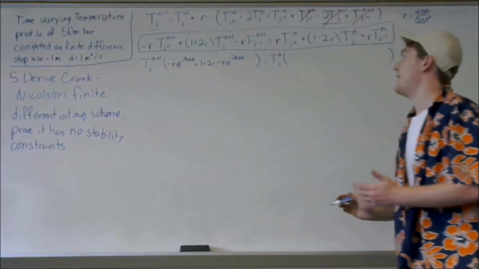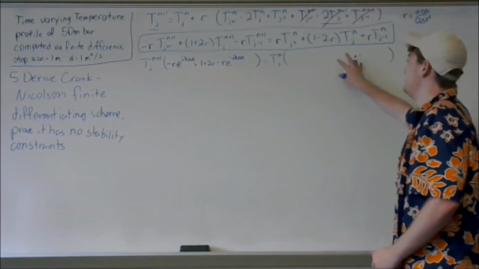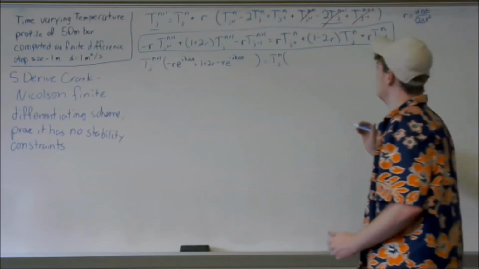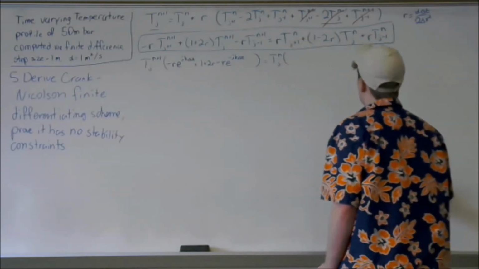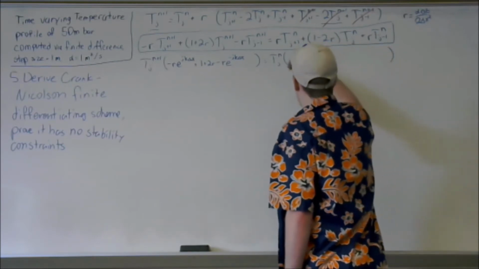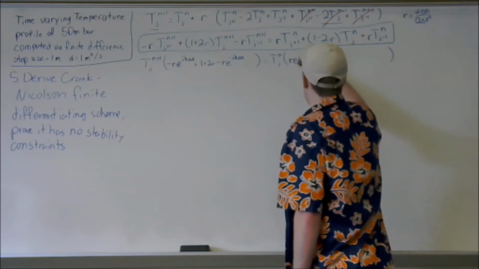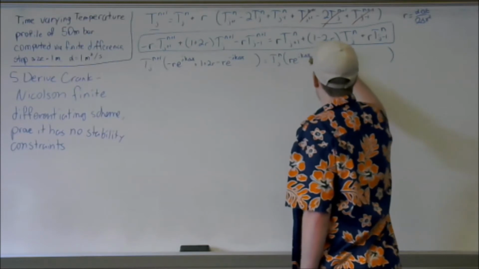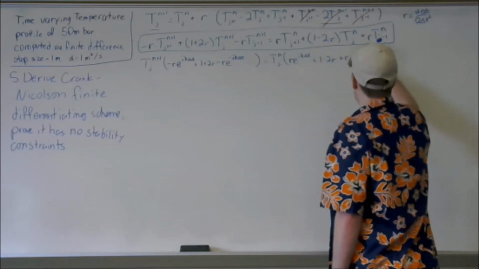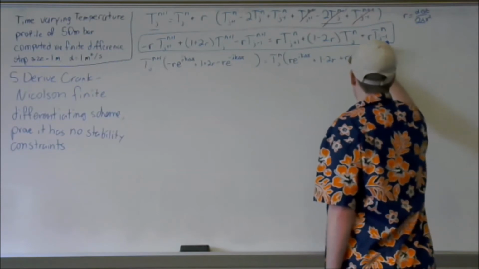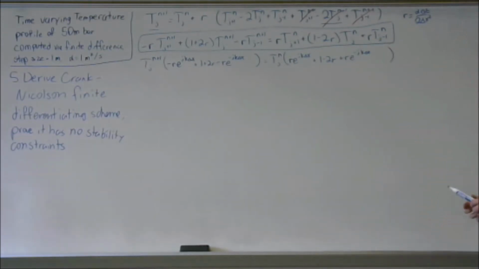That's what we have on our left side, and the same idea applies on the right side. It leaves us with an r e to the i k delta x plus 1 minus 2r plus r e to the negative i k delta x, just like that.